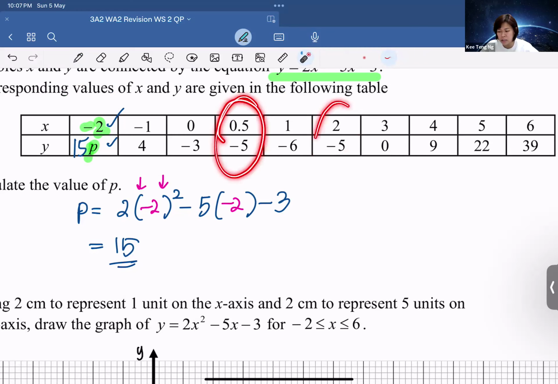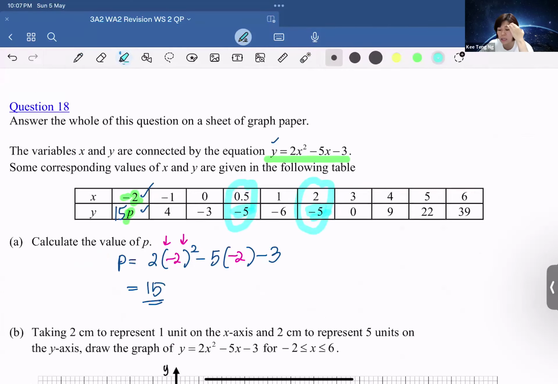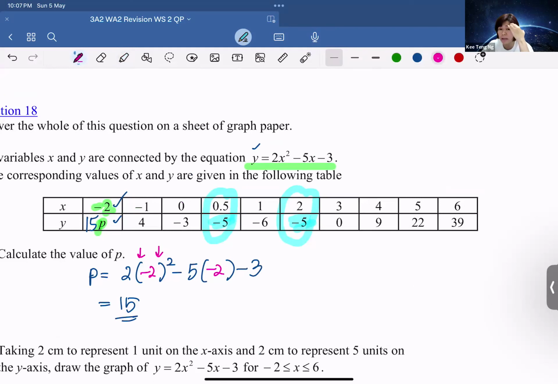Notice that this and this, the two y values are the same. Let me write this out. This one and this one over here, the two y values are the same. When the two y values are the same, I expect there is a line of symmetry right in the middle. The number over here is 0.5 and the number over here is 2.